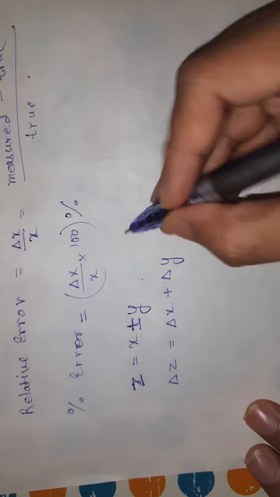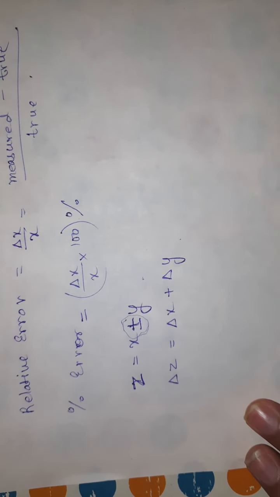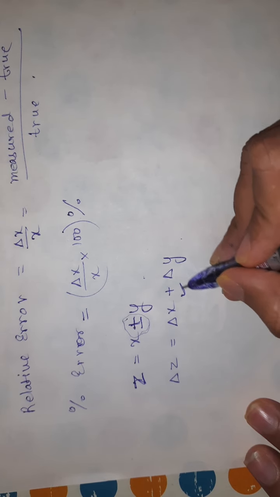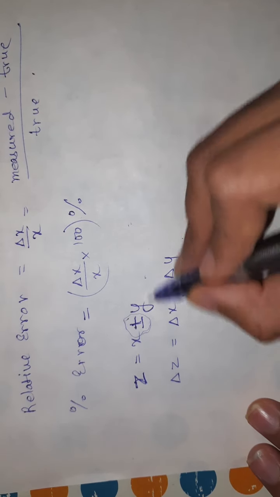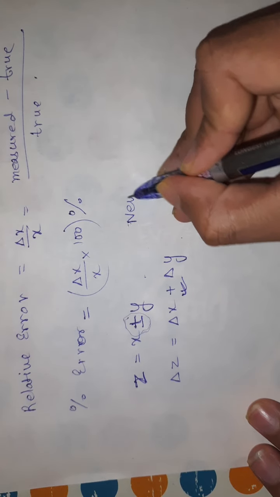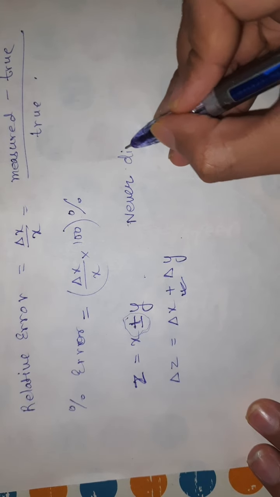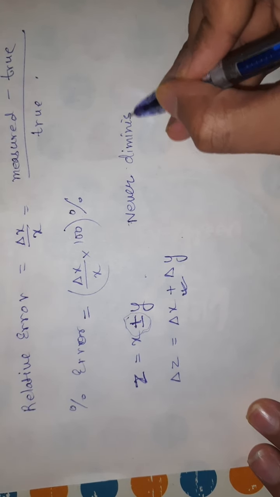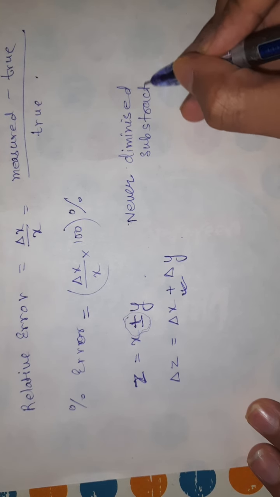Now this is to be remembered: no matter what the sign is in between them, if it is plus or minus, then it is always plus. In case of error, errors are never diminished or subtracted, but they are always added.